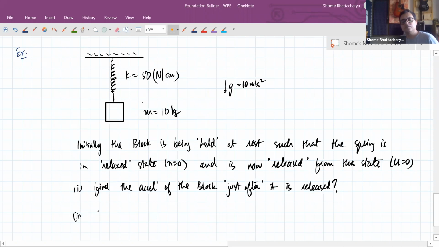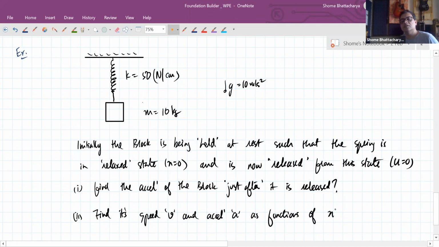Second, find its speed v and acceleration a as functions of x, where x is the downward displacement of the block.